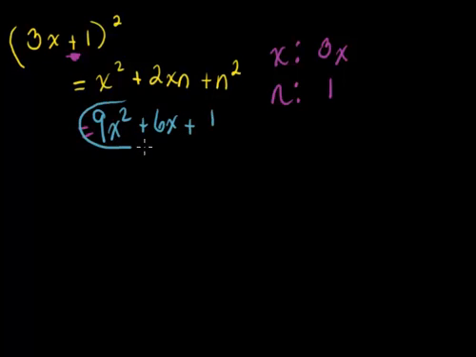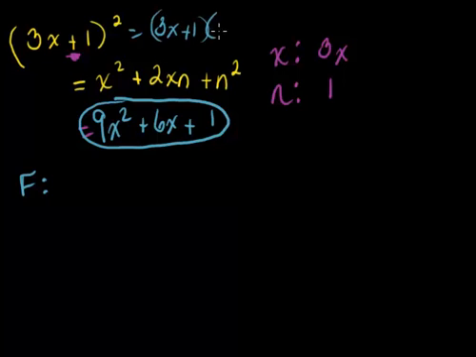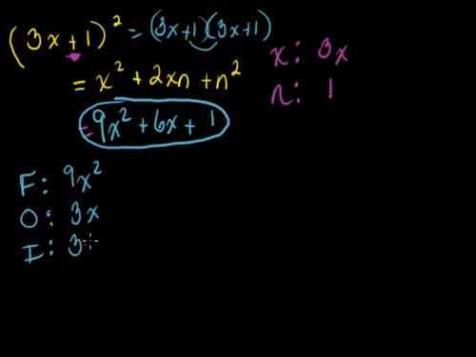If you want to check this using FOIL, this is the same as saying 3x plus 1 times the quantity of 3x plus 1. So then 3x times 3x is 9x squared. The outer term is 3x times 1. The inner term is 1 times 3x.